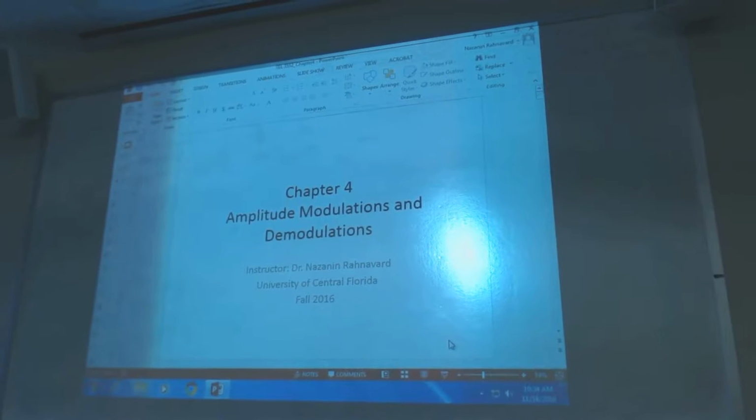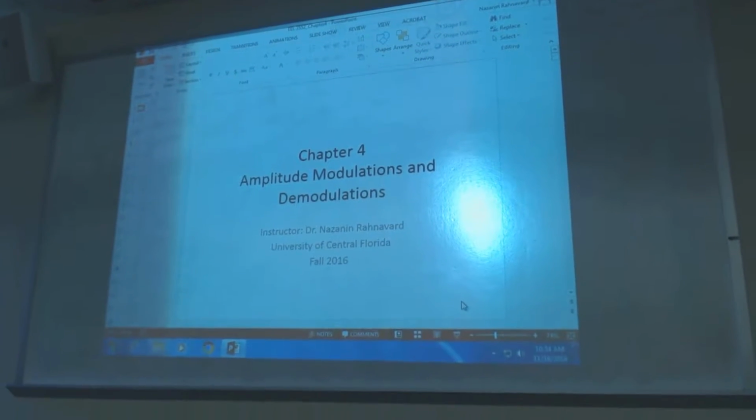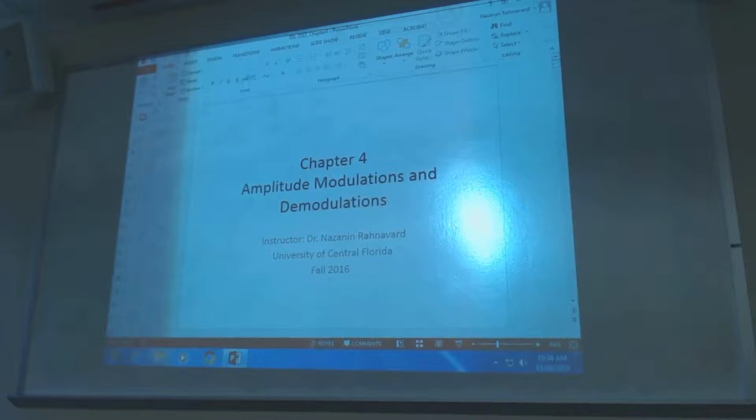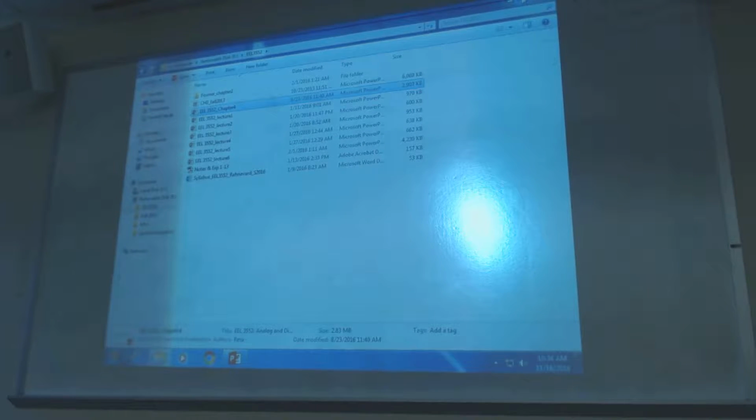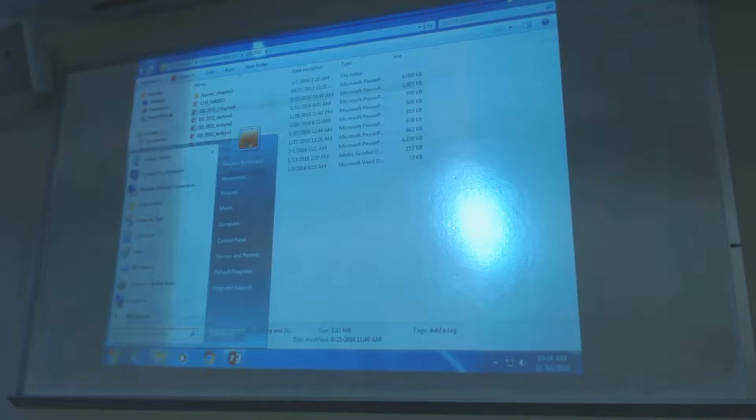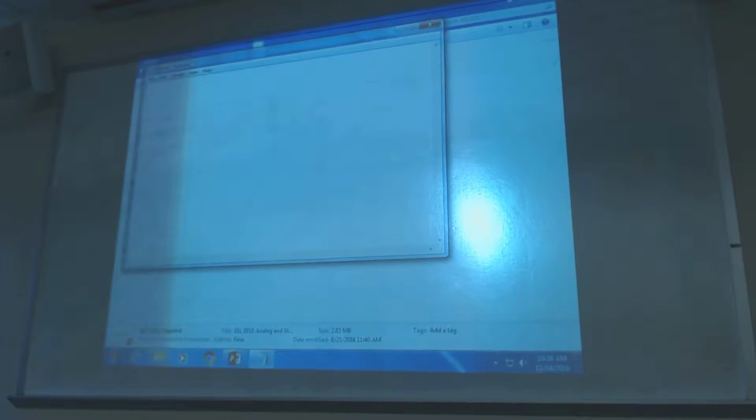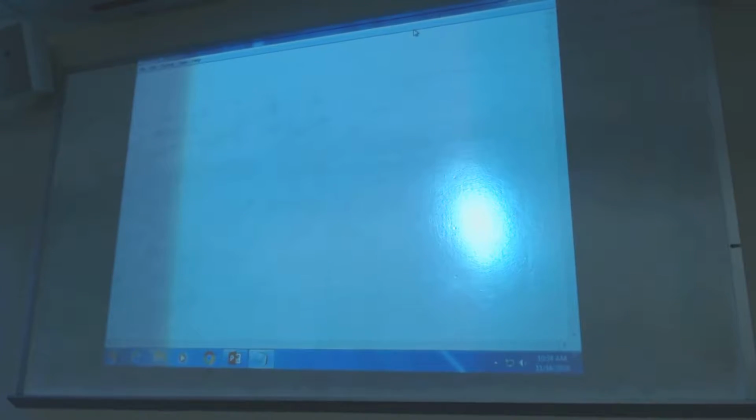Okay, so I'm going to solve just one simple example. Maybe I'll give you some time to think about it right now. Suppose that we have a symmetric signal. So we have g of t, which is symmetrical, even.